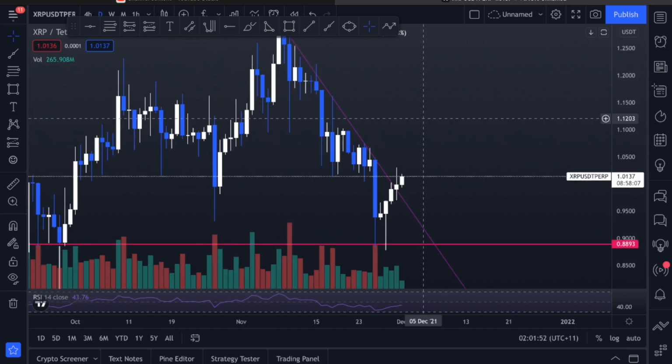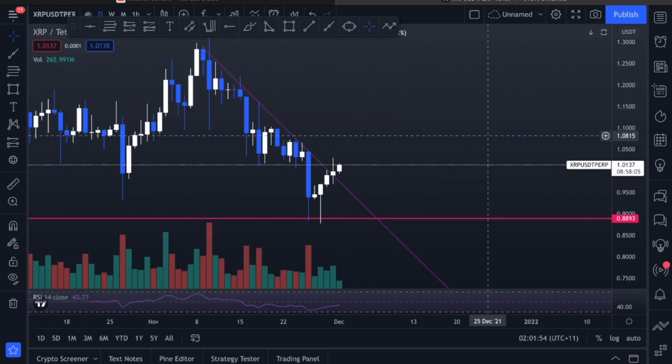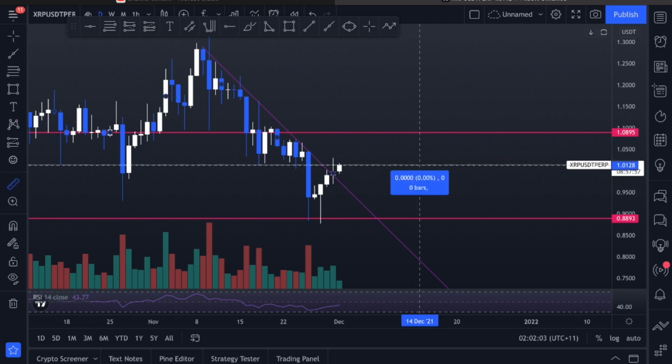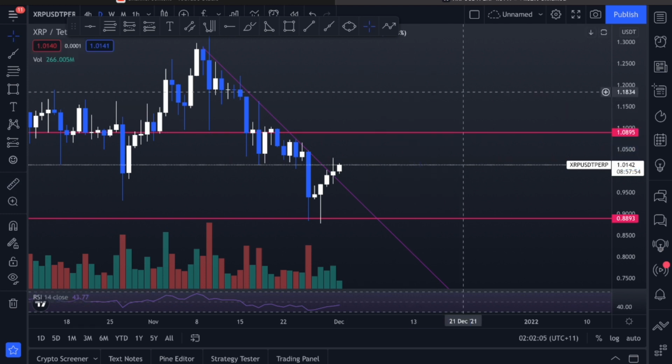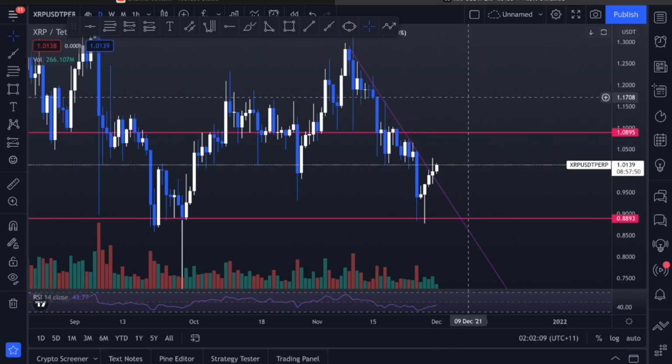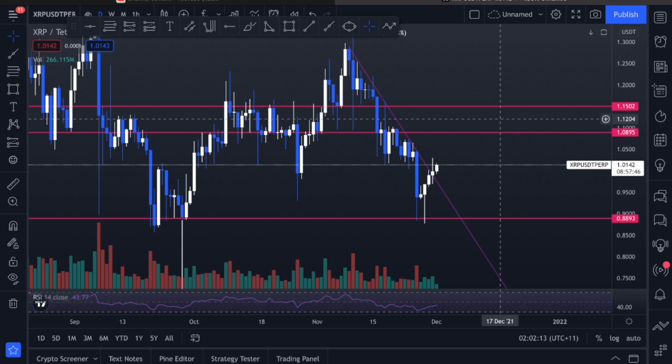And our technical targets, where do I see XRP going in the next day or so? I see it rising to at least 1.0895, okay? And that is a rise of about 7.46%. Now, if we do continue moving through that zone, your next TP will be around 1.1502, okay?